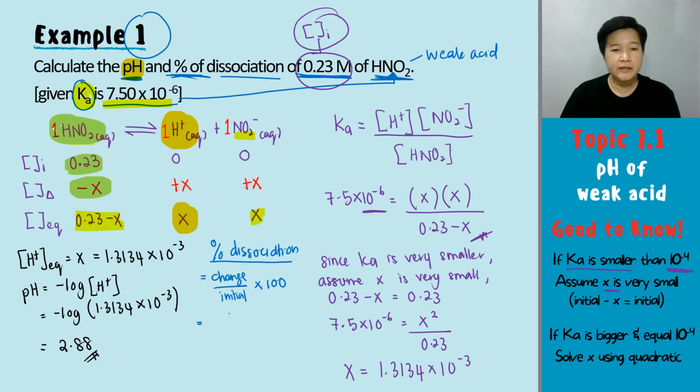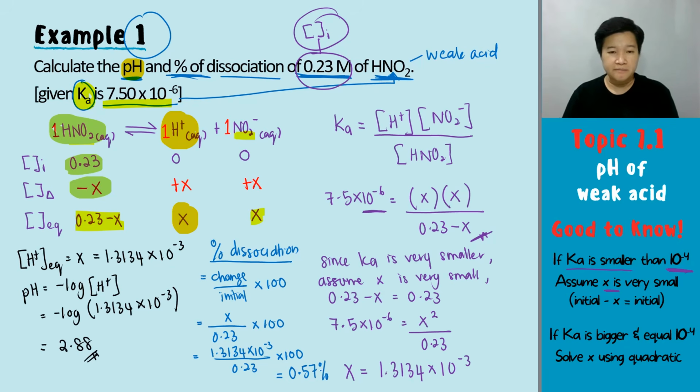And the change over here is X. The initial over here is 0.23 times 100%. Knowing that the X right now is 1.3134 times 10 to the power of negative 3 over 0.23 times 100%. Therefore, the percentage of dissociation calculated is 0.57%.